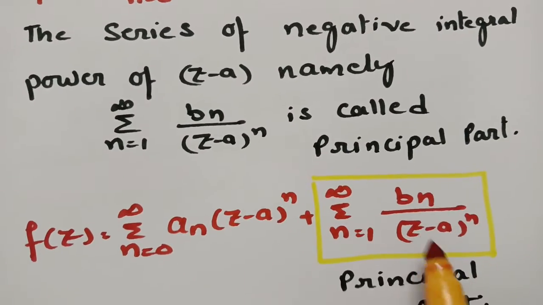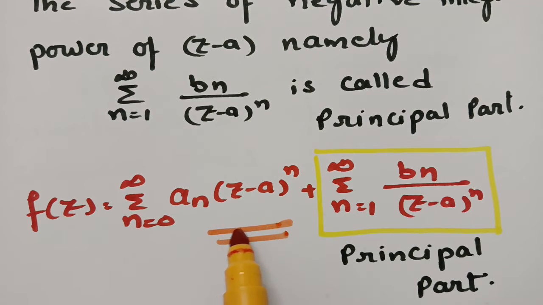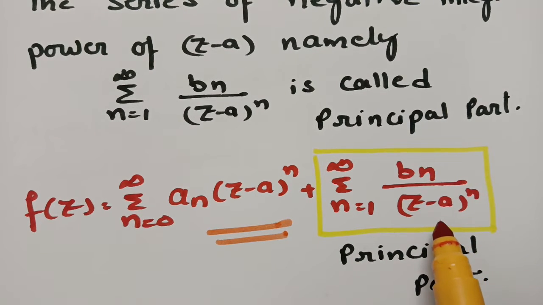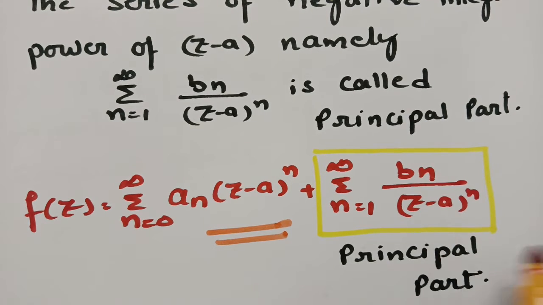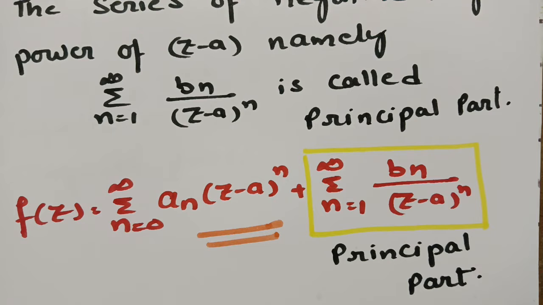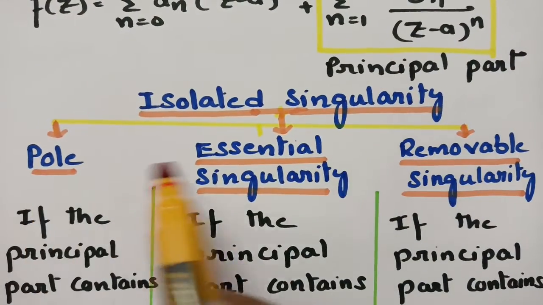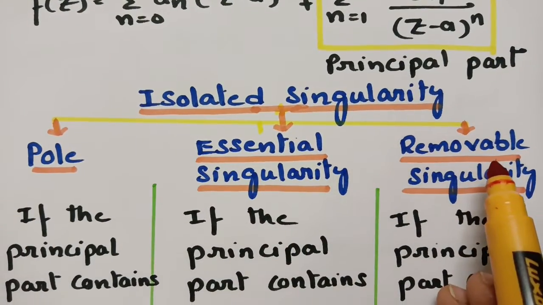As I am using the Laurent series for this expansion, and this negative power of z minus a is called the principal part, depending upon this negative part we are going to classify isolated singular points. Depending upon this principal part, isolated singular points are classified as pole, essential singularity, and removable singularity.